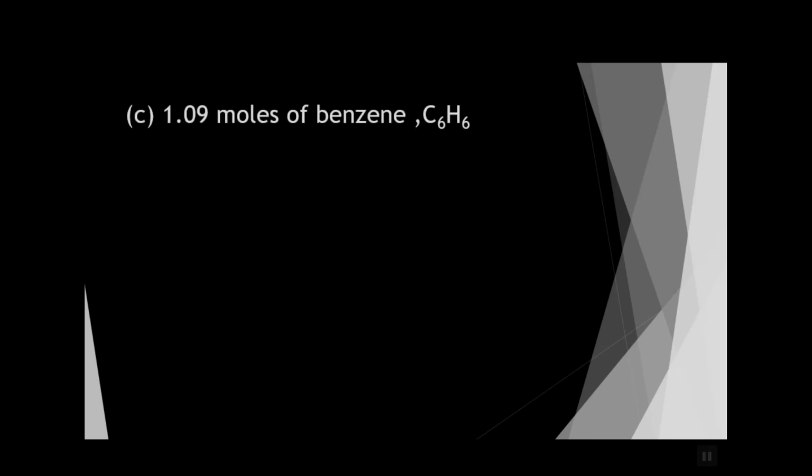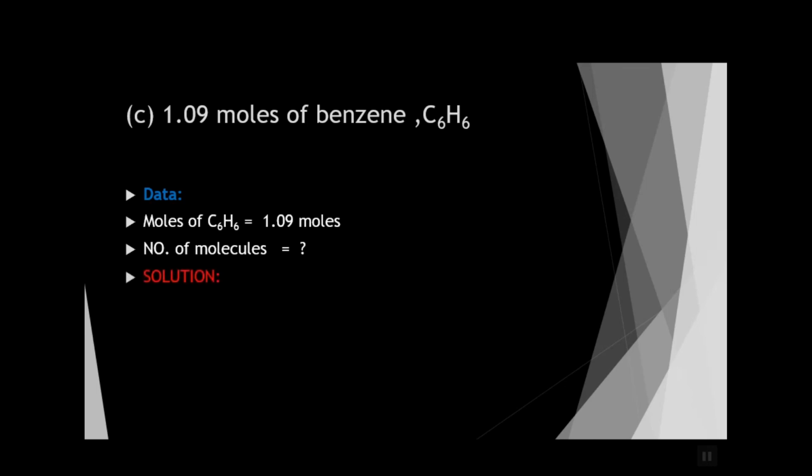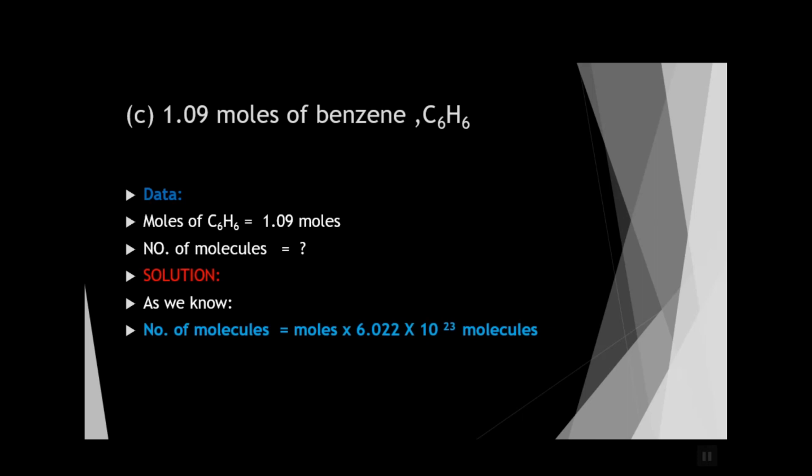Now next is C, 1.09 moles of benzene. Our data is moles of benzene, C6H6 is the formula of benzene, equal to 1.09 moles, and number of molecules we don't know. So just apply the formula: number of molecules is equal to moles times 6.022 exponent 23 molecules. You know they all are molecules, so we are using the term molecule.